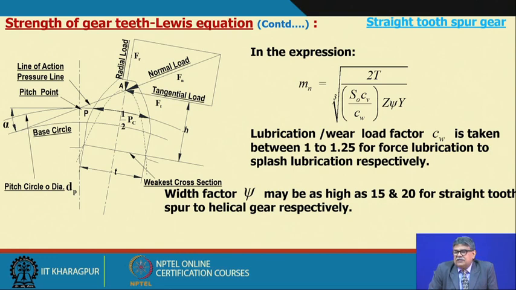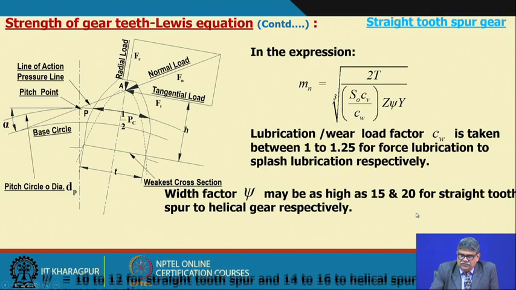Helical has better load carrying capacity, and we can go for better contact also, and we can go for higher width. However, this is just a recommendation, in fact it will be more, and it should not be very thin. That means we should not take 2-3 times the module, at least it should be 10 times the module for the width of the gear.